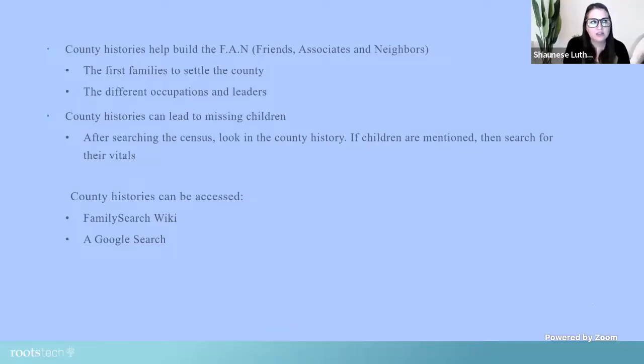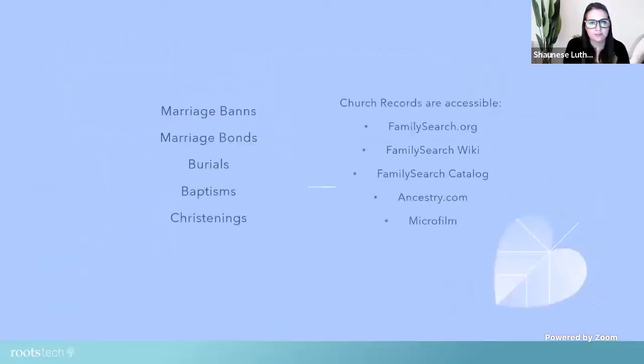After county histories, we then have church records. Now, church records include marriage banns, marriage bonds, burials, baptisms, and christenings. Church records are accessible at FamilySearch.org, FamilySearch Wiki, FamilySearch Catalog, Ancestry.com, and microfilm.